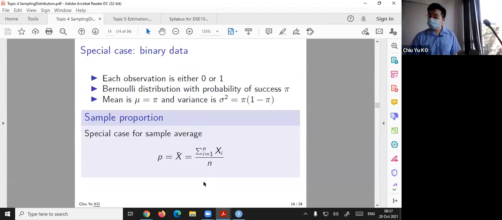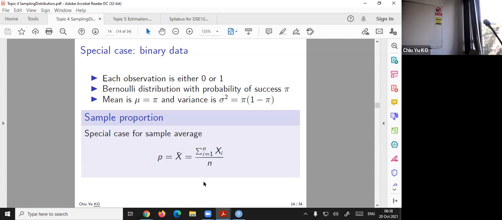In the special case of binary data, where x is 0 or 1, the sample mean is called the sample proportion. If you call 1 success and 0 failure, and you calculate this, it is exactly the proportion. Suppose x is 1 or 0: maybe 1 means the subject likes a certain thing, and those who don't like it get 0.